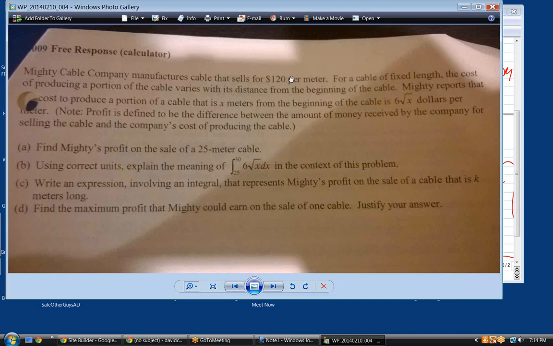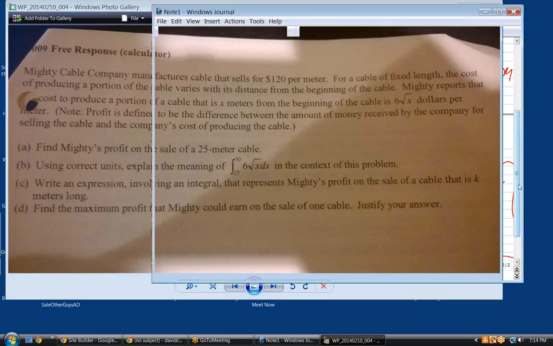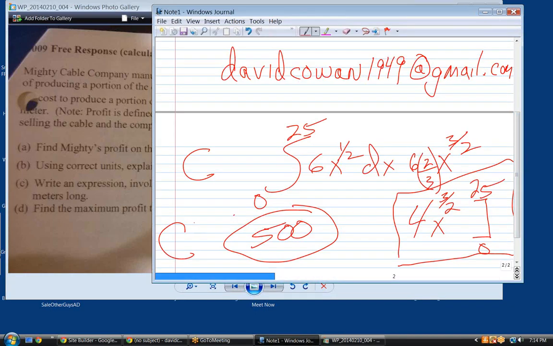They got 120 per meter. Per meter, yeah. So multiply 120 times 25, and you get what they sold that cable for. So $3,000. So they sold it for $3,000. They bought it for $500. Their profit was $2,500.